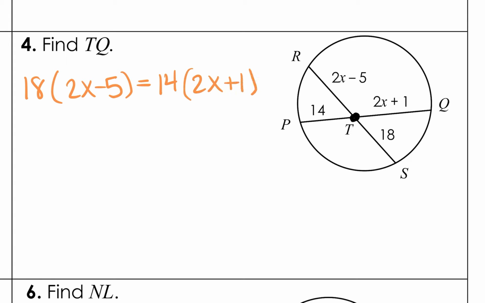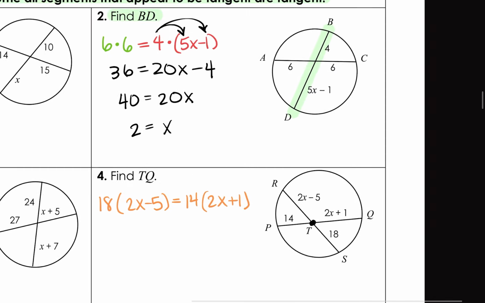And it's going to equal 14 times 2x plus 1. Okay. So again, one side of the equation comes from one line segment. One line broken into two segments, right? And the other side of the equation comes from the other line. Go ahead and do the algebra on your own there. Pause the video to give it some time.